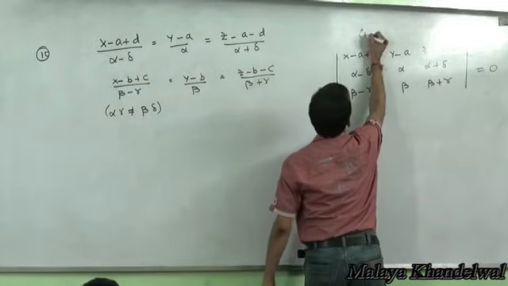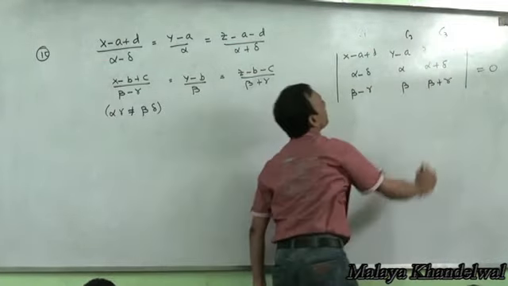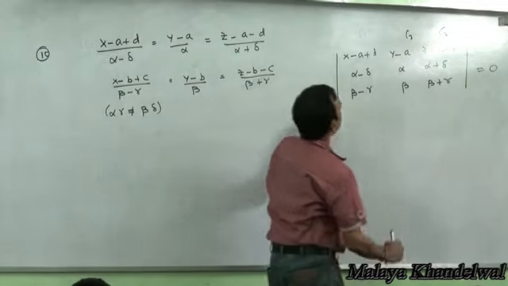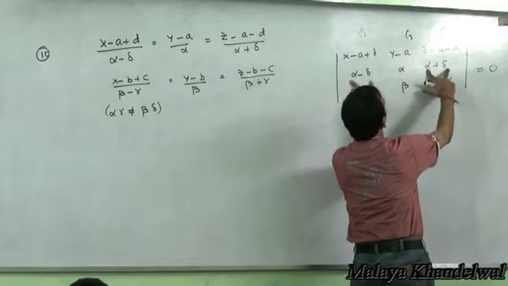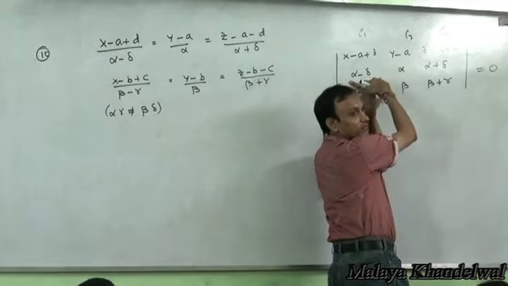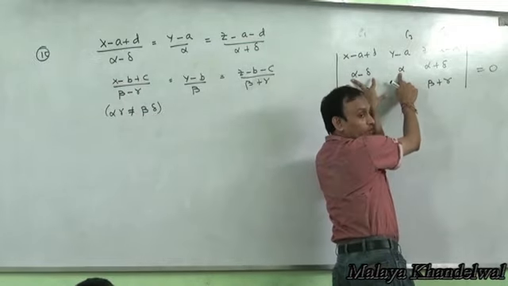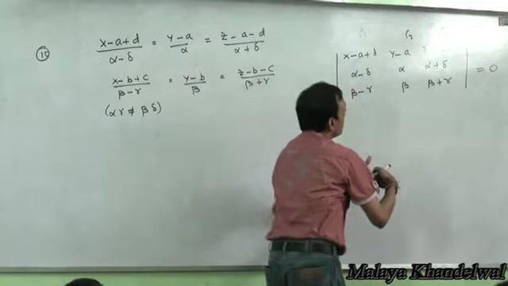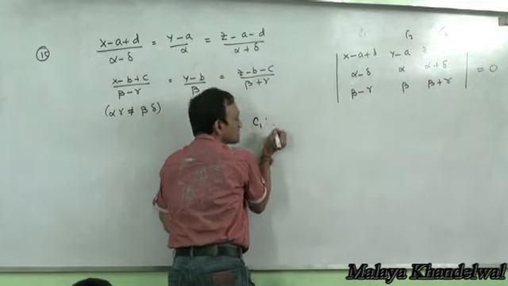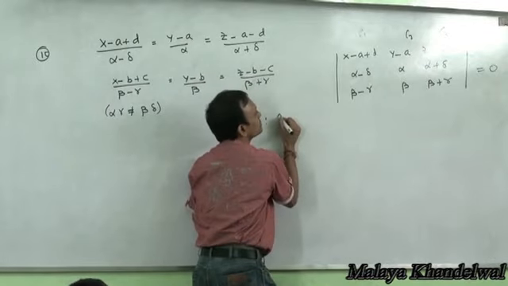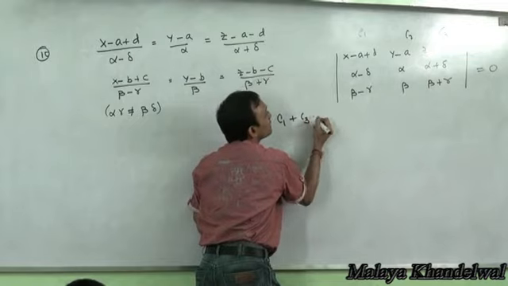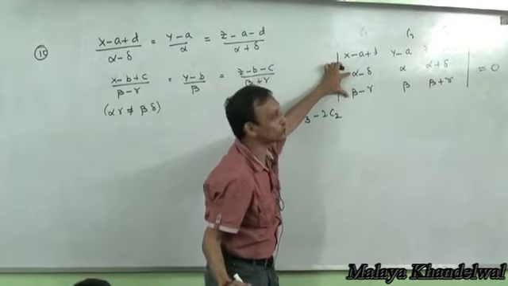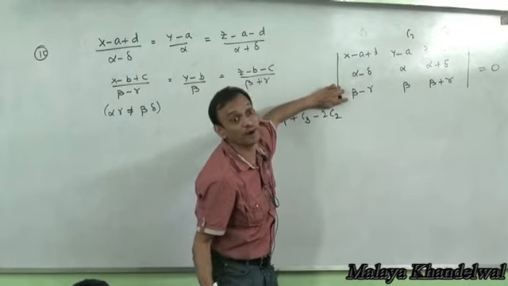You can say this is column 1, this is column 2, this is column 3. Realize that if I added these 2 and subtracted twice this, it will become 0, isn't it? So the deemed operation is on column C1: I perform C1 plus C3 minus 2C2. That's the proposed operation, because I can make these 2 terms 0 here, and then I can expand the determinant about this column.